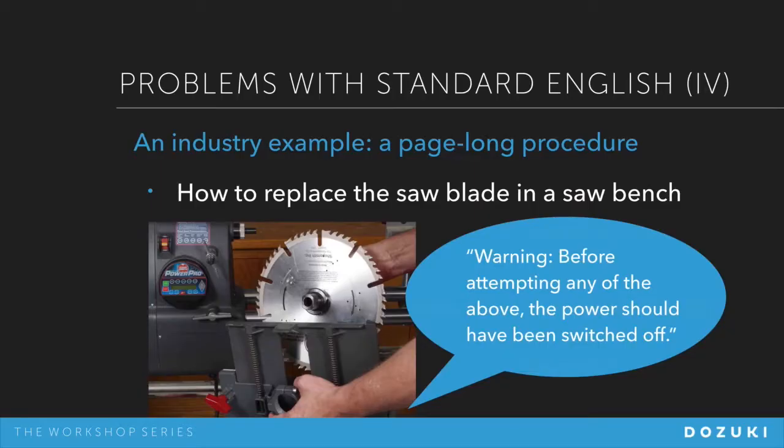Absolutely. So I know you have an example for us. Yes. This example is about an American company that makes power tools. Just a few weeks before Christmas, a number of years ago, they withdrew a saw bench from all the shops where it had been rolled out with a big advertising campaign. Guess why? Well, they had this page-long procedure within their manual telling home users how to replace the saw blade in the saw bench, and it said, in a very polite and British way, before attempting any of the above, the power should have been switched off.